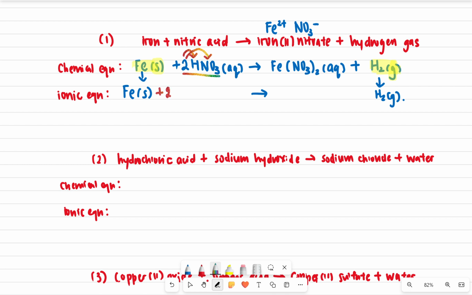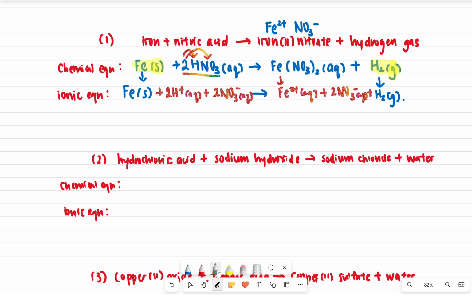So I'm going to rewrite it as 2H+ aqueous plus 2 nitrate ions in the aqueous state. And for my product, iron 2 nitrate, I will rewrite it as Fe2+ in the aqueous state plus 2 nitrate ions in the aqueous state.